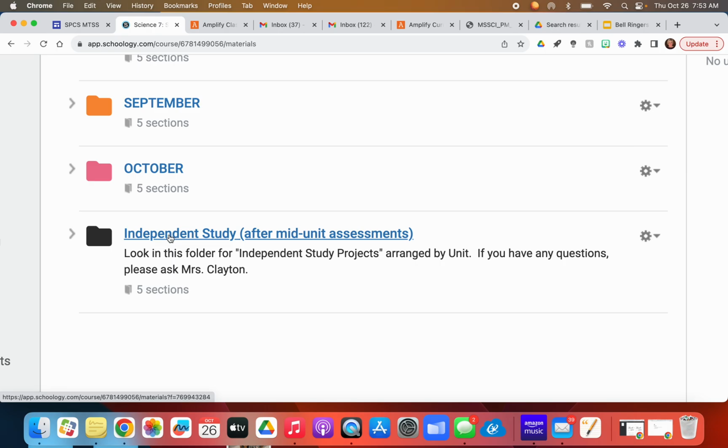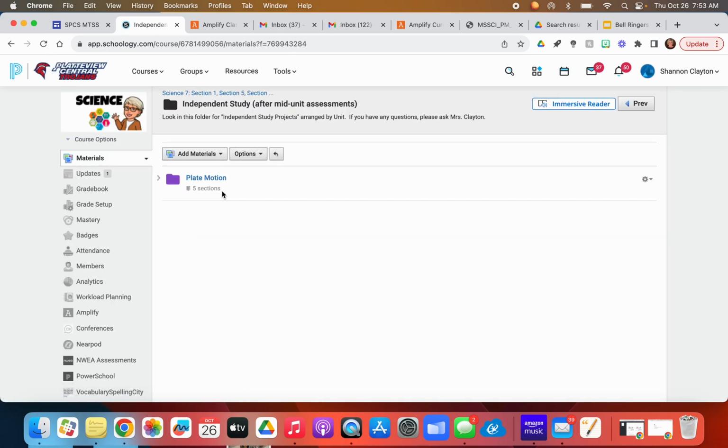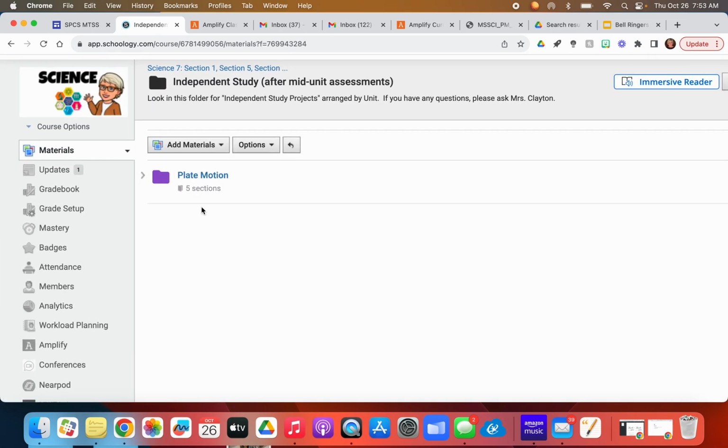And so if you open up the black folder, and you see this purple folder for plate motion, that means your name is attached and you are able to work on this, okay? If you do not see the folder, then you won't see that plate motion folder, I don't believe. Let me know if you see it, but then once you go in, you can't get into it.